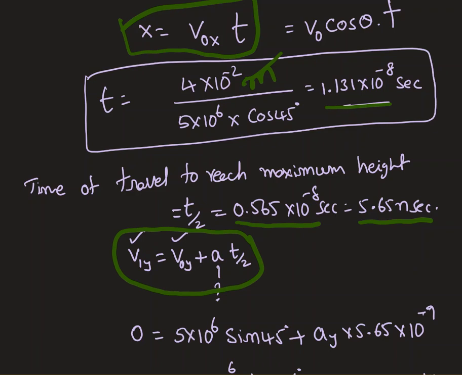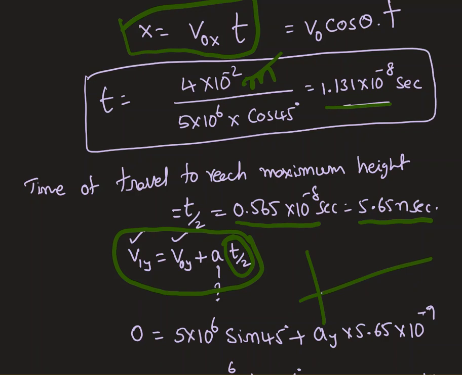V final velocity equals initial velocity plus at. Here I'm using t by 2 because I'm talking about the final velocity at the midpoint in the y direction. So final velocity in the y direction is 0 at the midpoint.